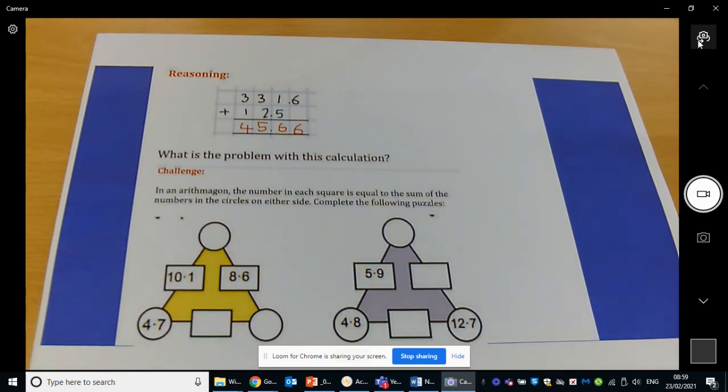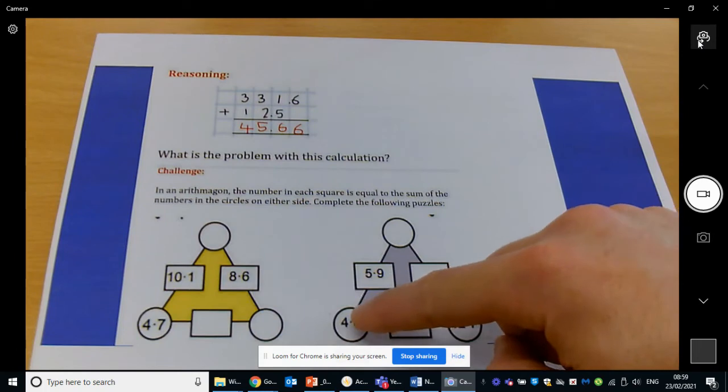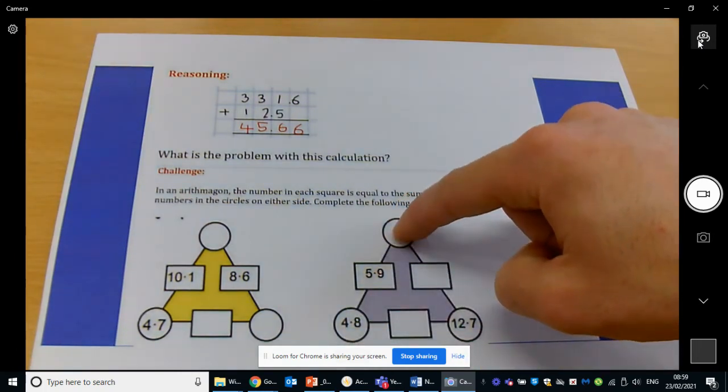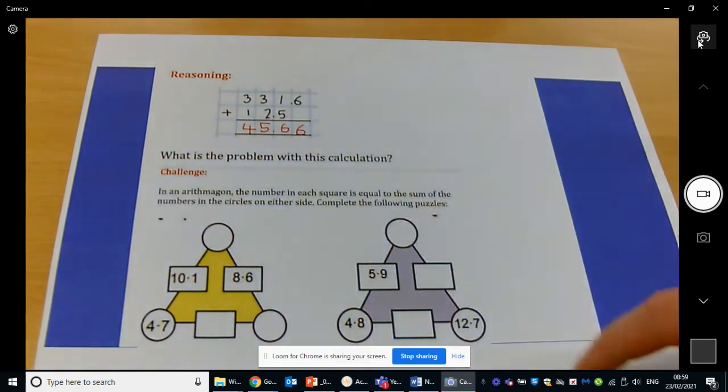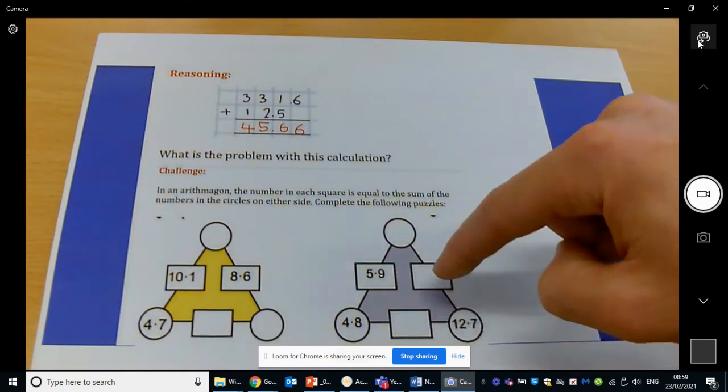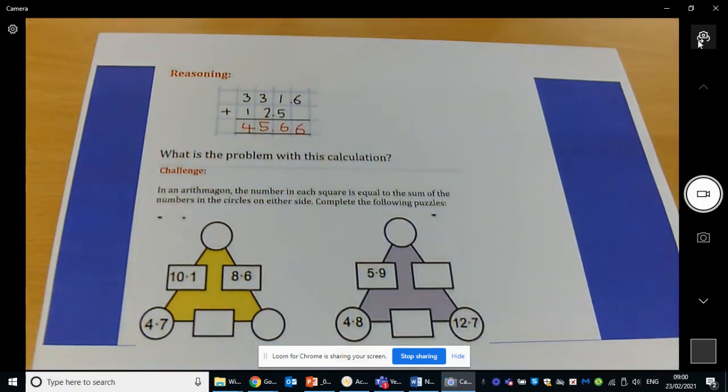Complete the following puzzles. So basically, this circle plus this circle equals that square. This circle plus this circle equals that square, and so on and so forth. So you've got to use your knowledge of addition and subtraction and decimals to work that out. So your reasoning and your challenge, pause the video now, off you go.